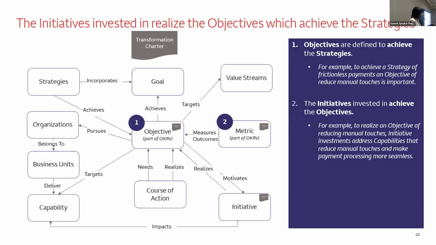And so as we looked at our initiatives, we needed to make sure that those initiatives invested in achieving that particular objective. So unless there was a targeted capability, an example would be payment validation or payment creation, to make sure that that particular capability was targeted in order to reduce our manual touches and achieve the overall objective of frictionless payments.